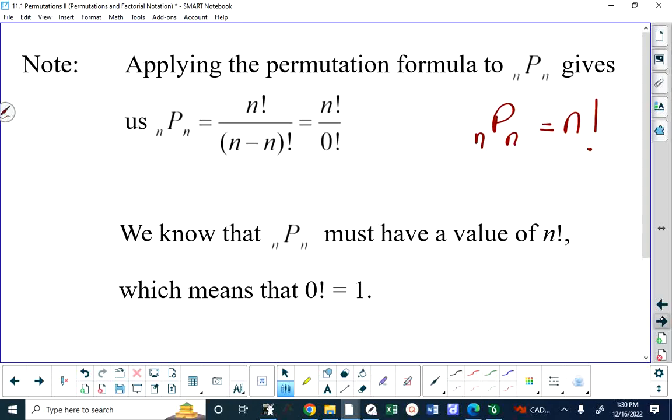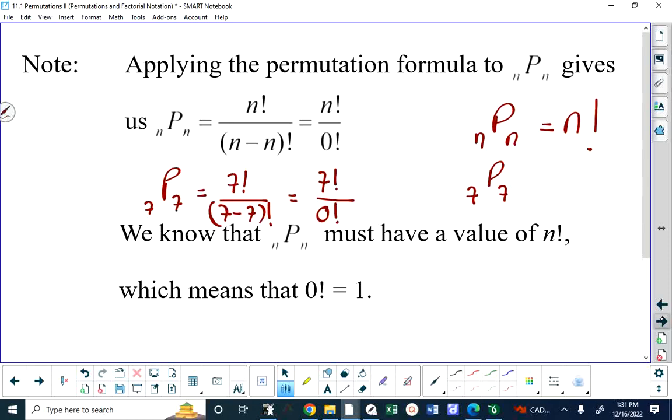But if we apply, I'll use an example, if we apply the 7s to this formula, then you're going to get 7P7 equals 7 factorial over 7 minus 7 factorial. You're going to get 7 factorial over 0 factorial, right? But you know the answer is 7 factorial. The only way that can make sense is if we just make a blanket decision that says 0 factorial is 1. We need to know that.